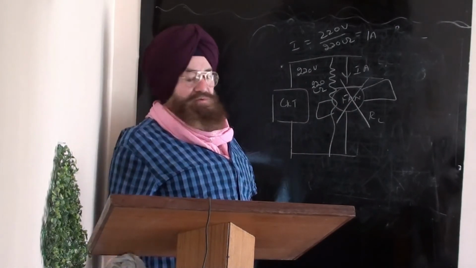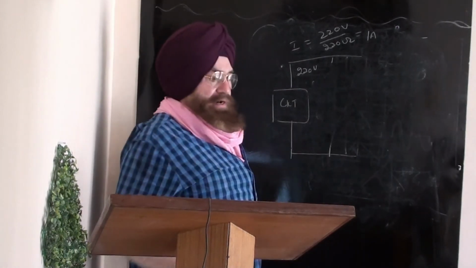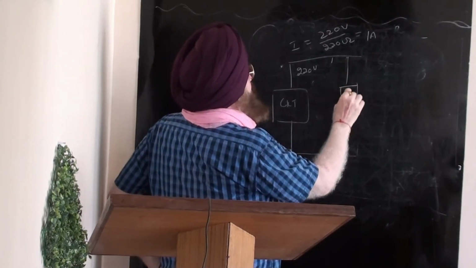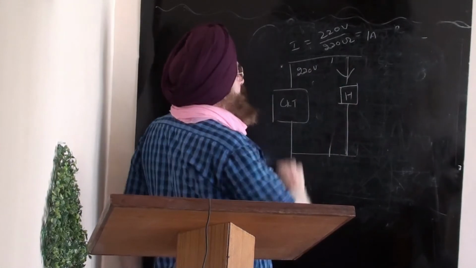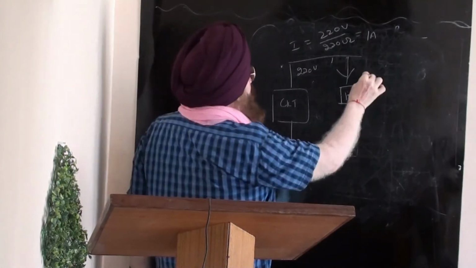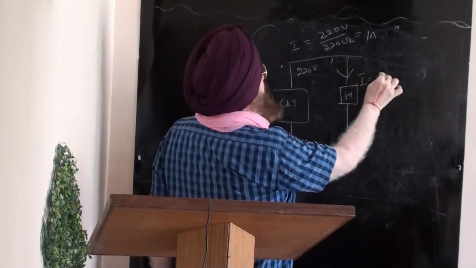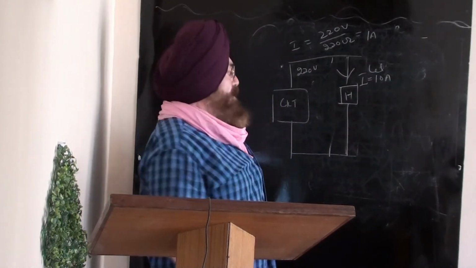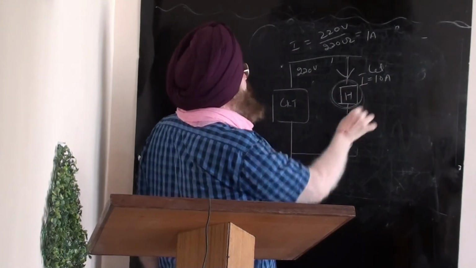And if you connect a heater here as a load, it will also draw current. Let it draw a current equal to 10 amperes, suppose. Then again my question, what is the load resistance of this heater?